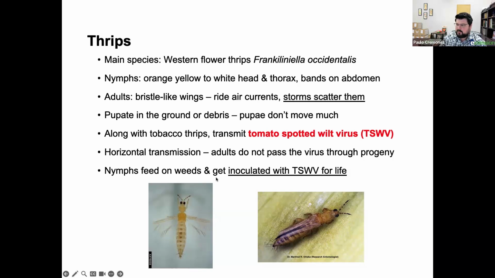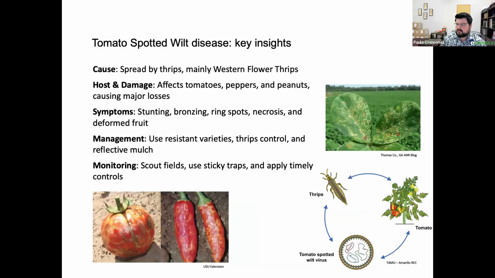The larvae feed on the weeds and get inoculated with the virus for life, and they can transmit it to other plants. Just some key insights on this TSW disease: it is spread by thrips, mainly the western flower thrips, and affects tomatoes, peppers, and peanuts. So you have to check on the area as well.